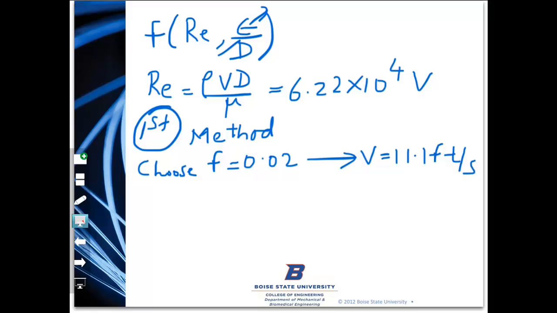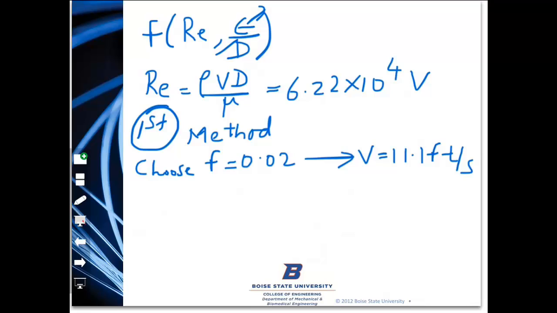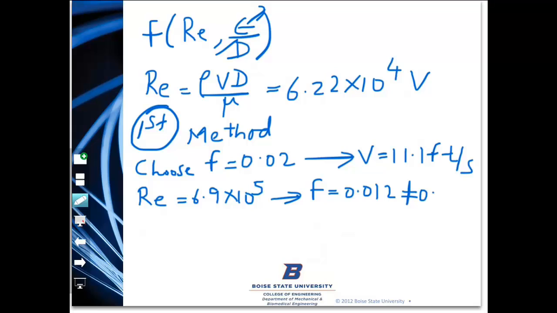Then compute the Reynolds number with this particular velocity, and then check what the f is from the Moody diagram.